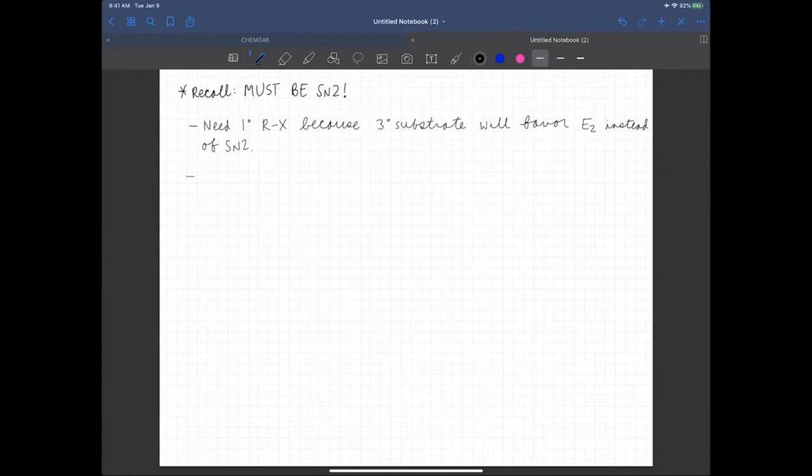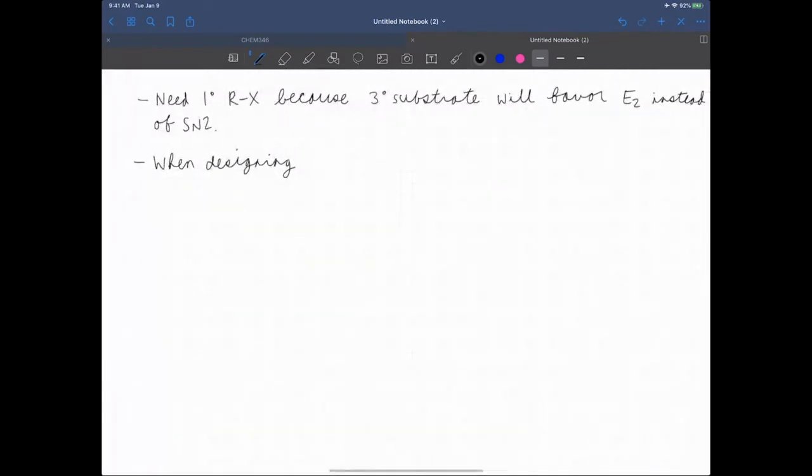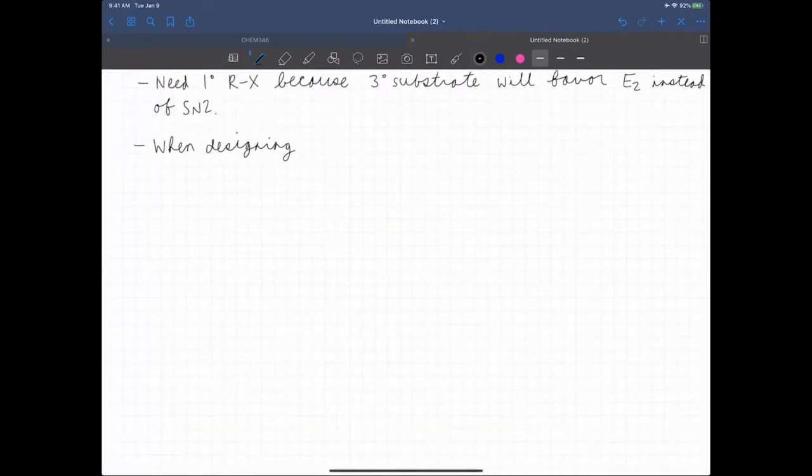I'm going to explain in detail later, but when designing synthesis processes, we want the R group on the leaving group to be as less substituted as possible.